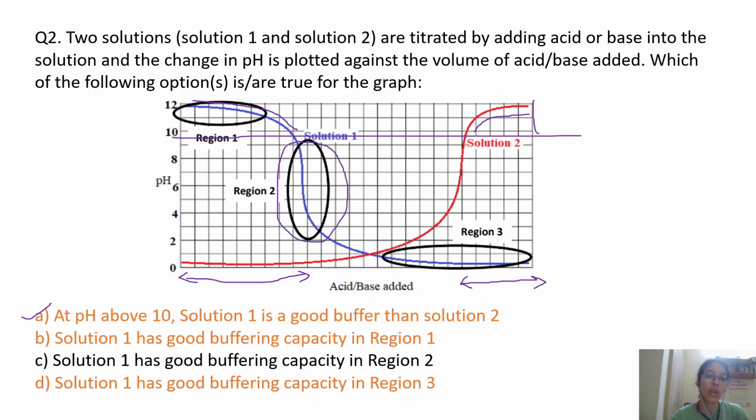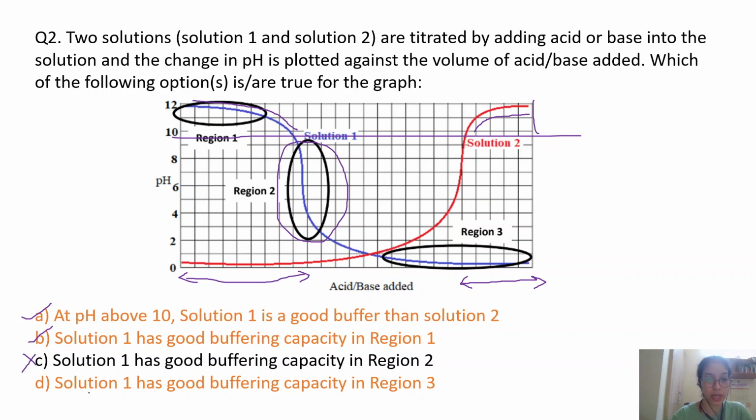So here there is no buffer capacity at all. The buffering capacity is very poor in region 2. So that's why option C is wrong.